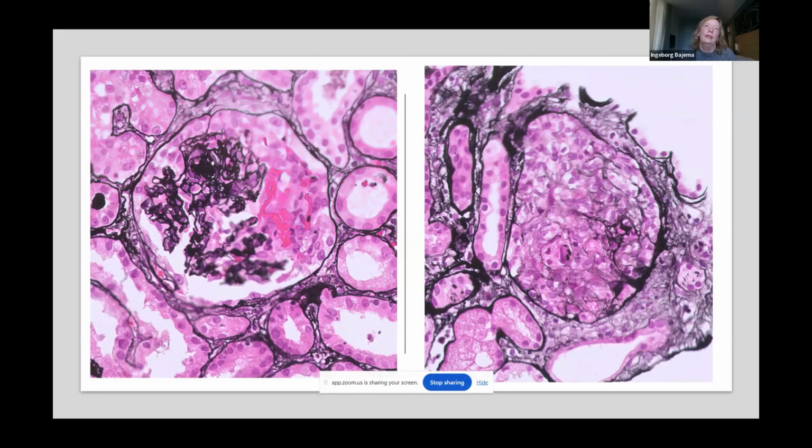What we know very little about is whether such a lesion has the same sort of prognostic features, whether it is the same sort of lesion that would react the same to a given sort of therapy in lupus nephritis or in other diseases. And that is a very important issue, and there's very little information on that.